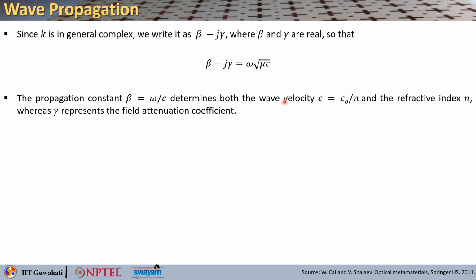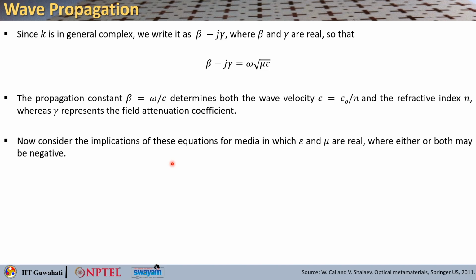Beta is basically called the propagation constant, which is nothing but omega by c. So, that basically determines the wave velocity, that is c equals c naught by n. C naught is the speed of light in vacuum, and c is the wave velocity in a medium of refractive index n, right. So, another term remains here, which is gamma, that is basically giving you the field attenuation coefficient.